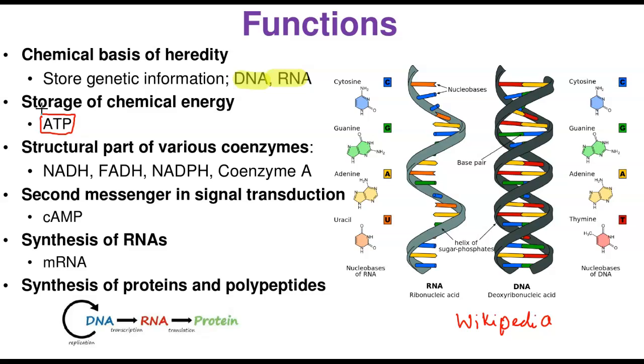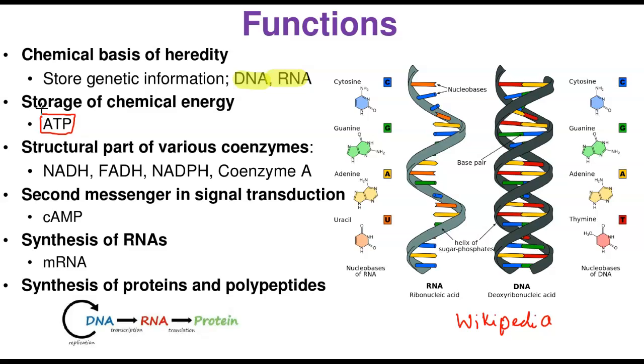Number 3, they are the structural part of most coenzymes. Coenzymes, like we discussed earlier, are those molecules, those vitamin derivatives, that help enzymes to perform their functions. They either carry groups or transfer electrons from one substrate to another, and that is exactly what we see at this point.